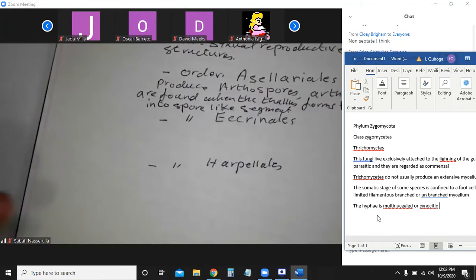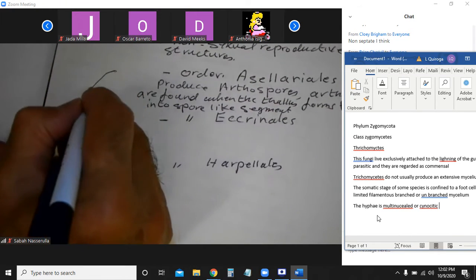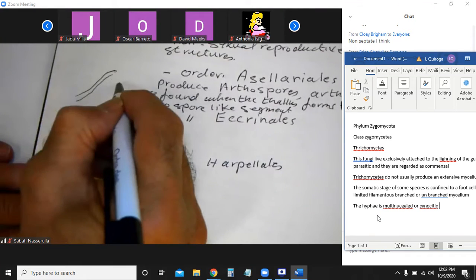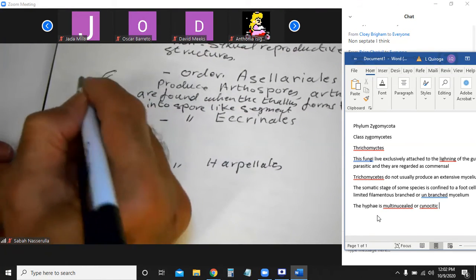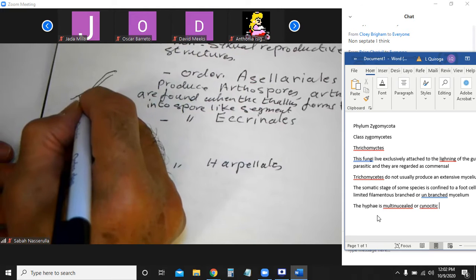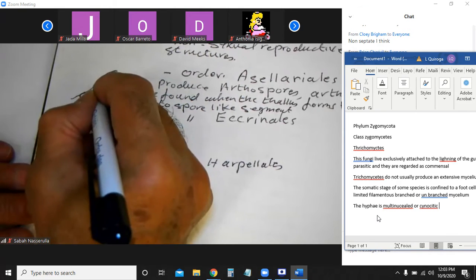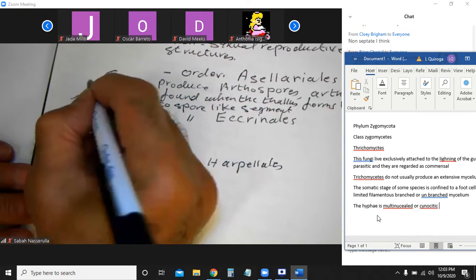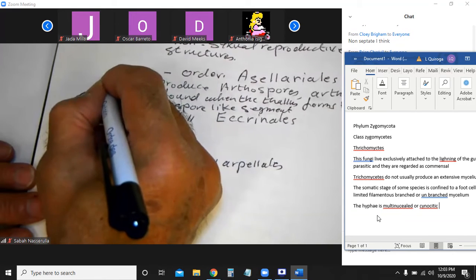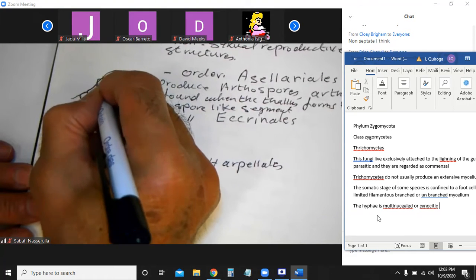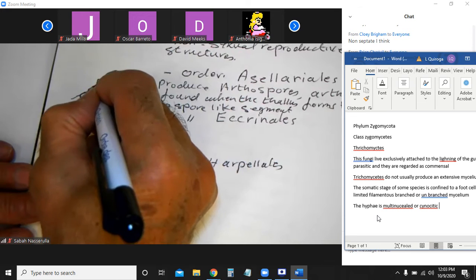Usually in arthrospores, there is the hyphae, like this, and sometimes the hyphae will form segments like this, usually when the condition becomes unfavorable, and these segments become thick and can separate.